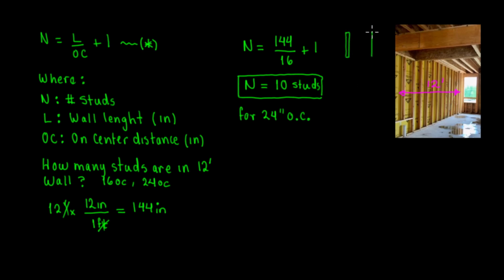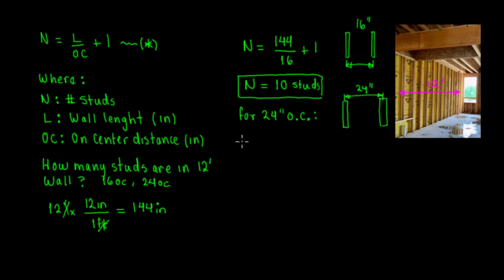In the other video we said that the framing can be separated 16 inches on center, or the studs can be separated 24 inches on center. The studs have a dimension, so from the center we're going to have a separation of 24 inches. That's what OC means.